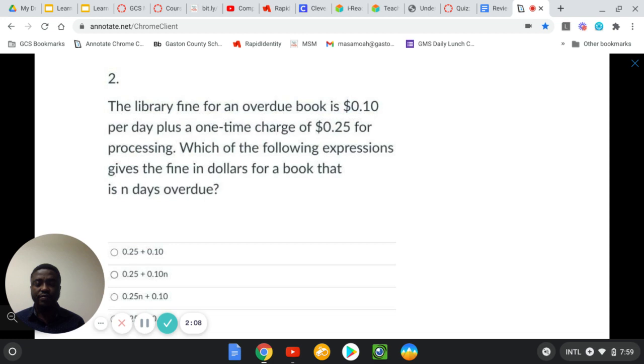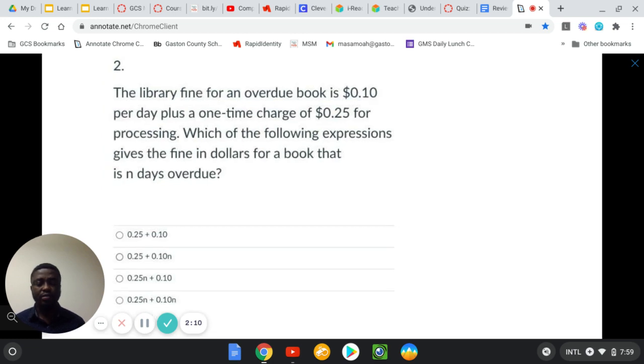It says a library fine for an overdue book is 10 cents, meaning $0.10 per day, at a one-time fee of 25 cents, $0.25 for processing.